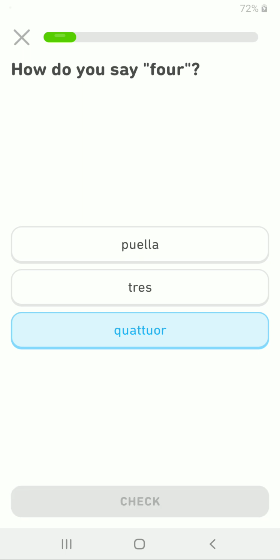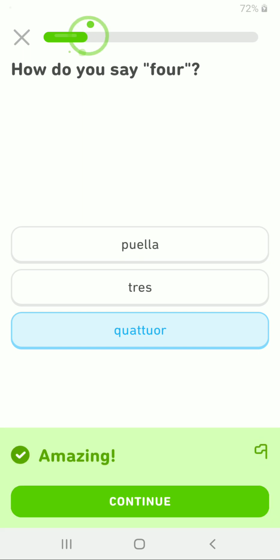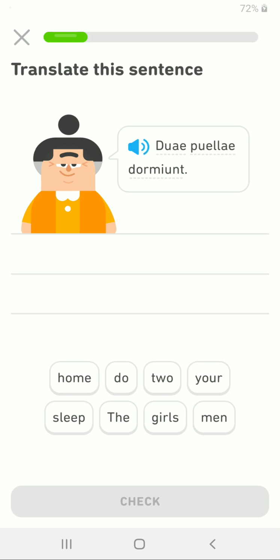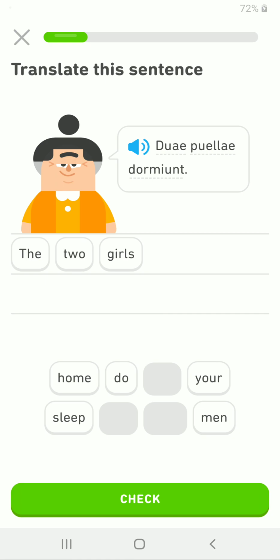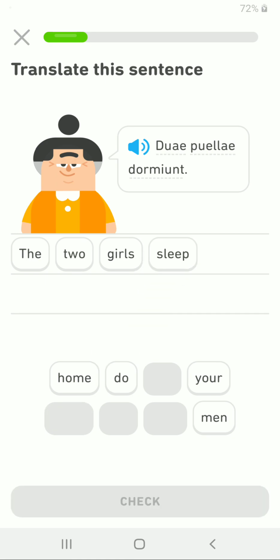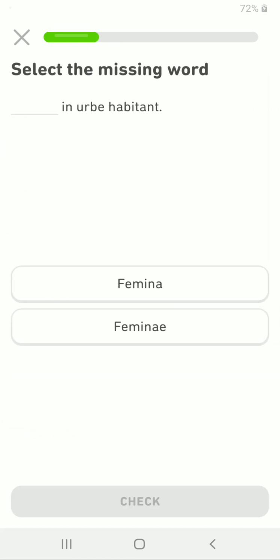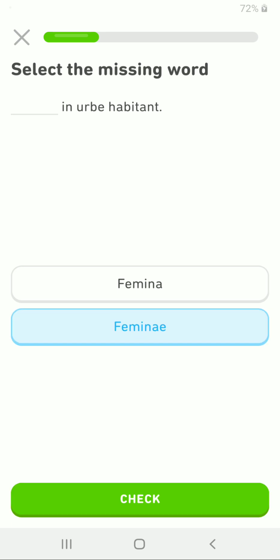Quattuor, that's 4. Duae puellae dormiunt. So the 2 girls sleep. Dormiunt. In urbe habitant. So it has to be plural because habitant. So feminae.